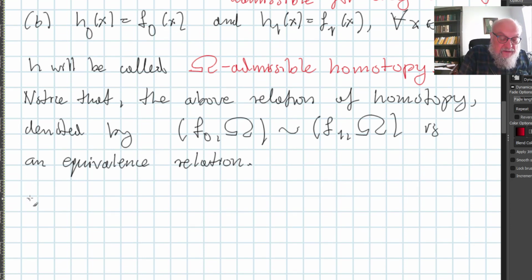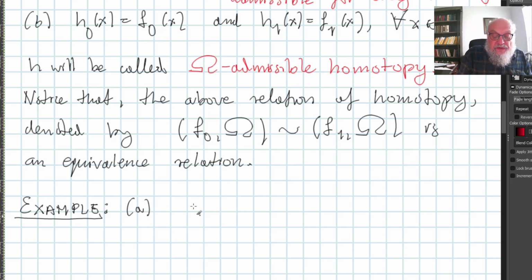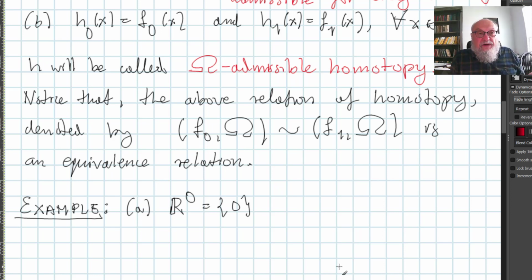Couple of examples. First, the most trivial example. Consider R^0, which is just simply the zero-dimensional space. So there is only one non-empty set here. If omega is equal to {0}, clearly this is a bounded set in this space.